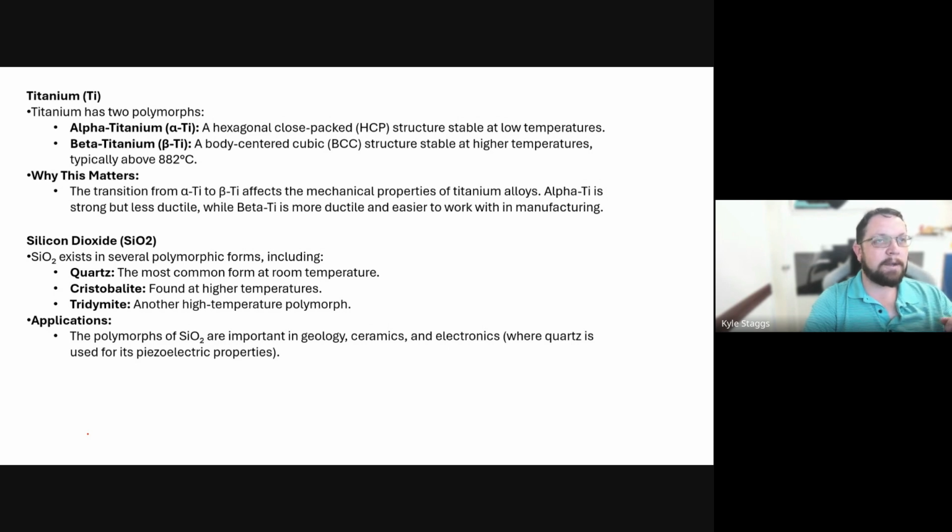in things like geology and in construction of ceramics, but most importantly in the development of electronics, where you need specific piezoelectric properties or something like that, you need to have careful control of the quartz, because they will, especially as they have a voltage applied across them, the quartz crystals will vibrate at a certain frequency, and that frequency is dependent on how those crystals are grown.